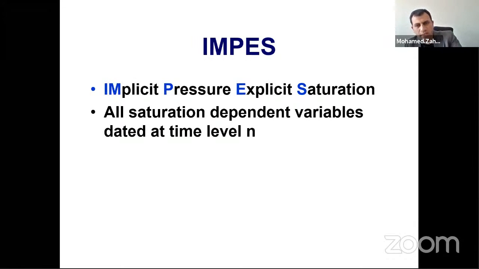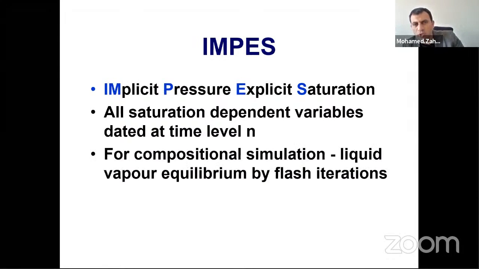For example, whenever you build a simulation model, you must know the saturation from the beginning. If you use the saturation of now, of today, we call it explicit saturation. But if you would like to predict the pressure, we call it implicit pressure.